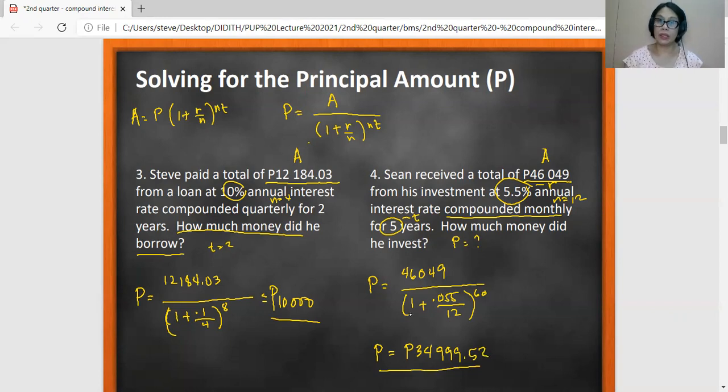So that was the amount of money invested in the number 4 problem.